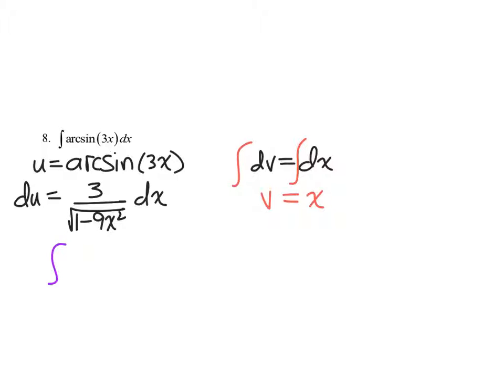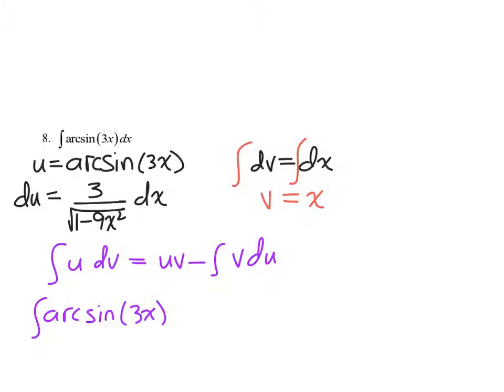All right, so again, the rule, u dv equals uv minus the integral of v du. So in this case, the integral of arcsine 3x dx is equal to the uv, so x arcsine 3x, minus the integral of the v and the du multiplied.